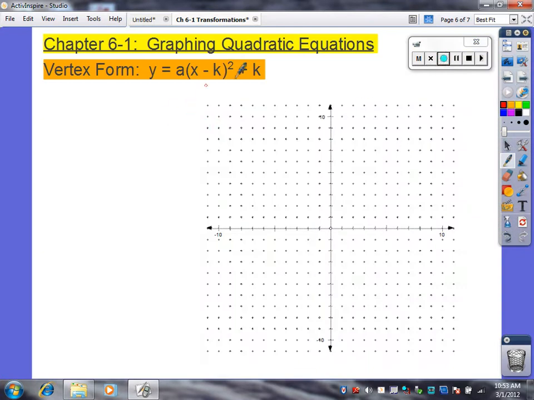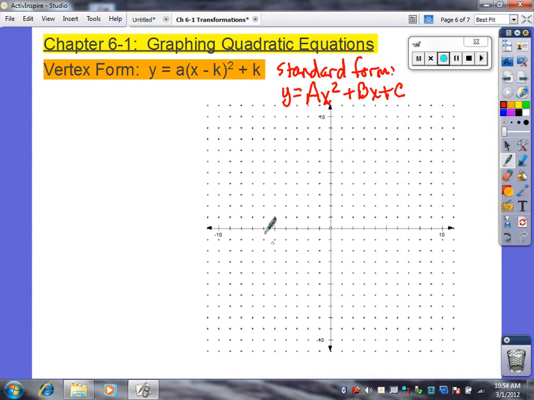So here's vertex form. The other form that we have been using for a quadratic equation is called the standard form. At any time, if you feel as though you need to pause or rewind, go ahead and do that.